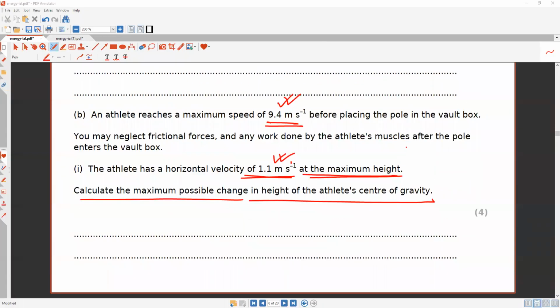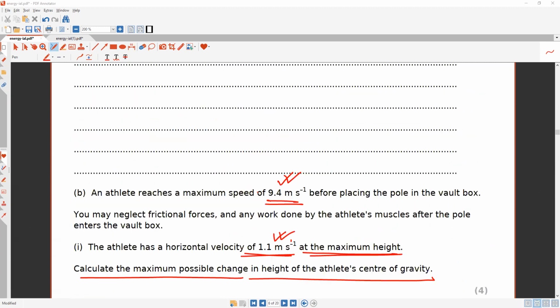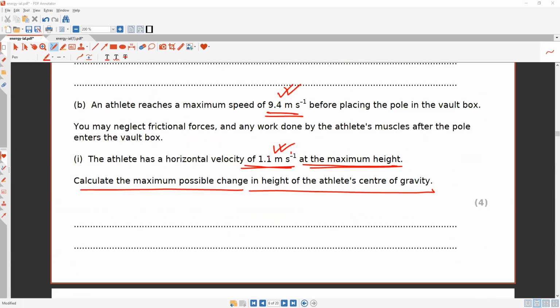Okay, so this one I taught you guys. I sent a file in the group. I showed you the solution over there. Look, at the bottom when he was running, he had kinetic energy. He had a speed of 9.4. So kinetic energy before is half m v square, with m left as m because the mass is not given to us, 9.4 square.